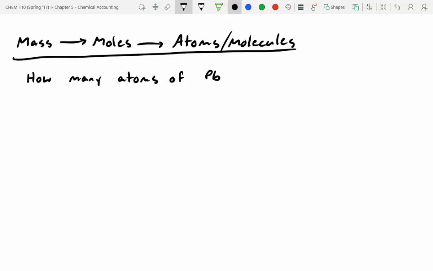And it says, how many atoms of lead are present in 9.25 grams of lead?